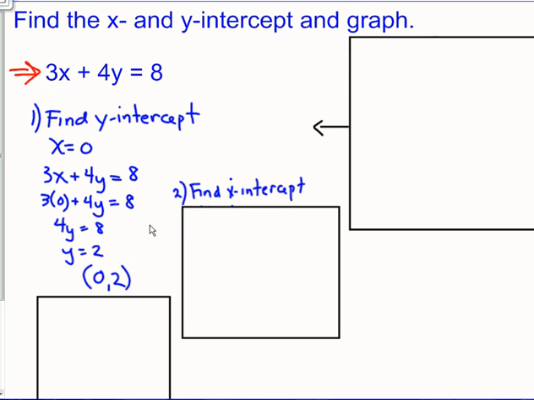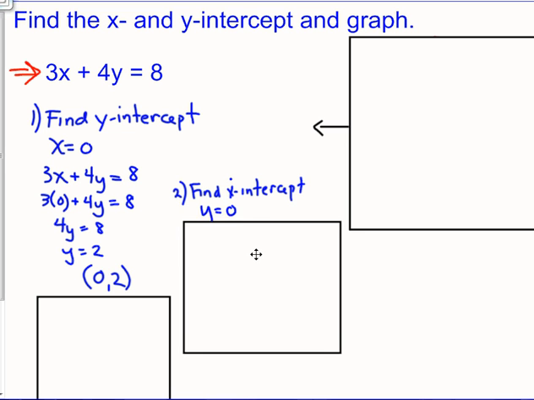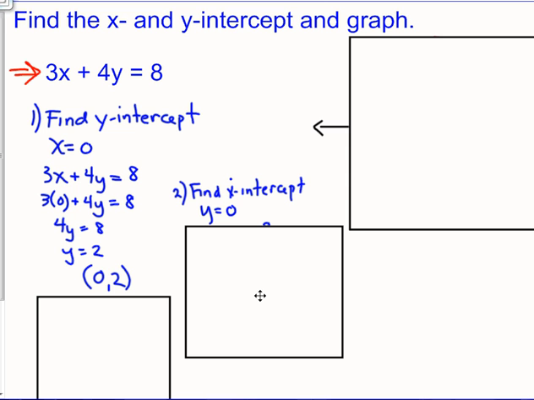Once we have our y-intercept, we need to find our x-intercept. It's a similar idea as finding the y-intercept, but instead of setting x equal to 0, we're going to set y equal to 0. Then we solve.